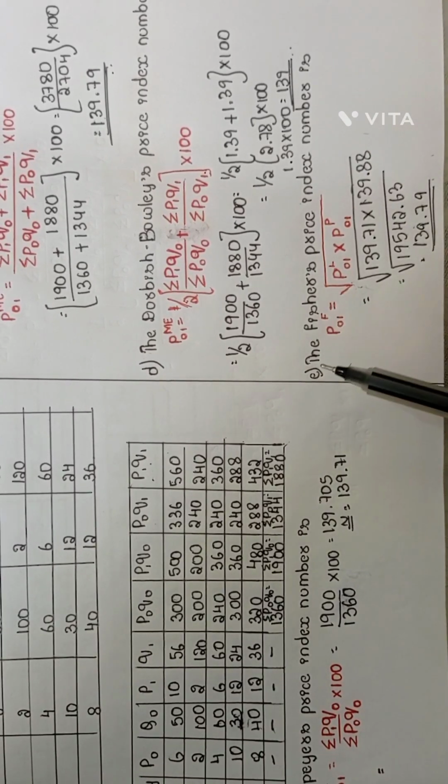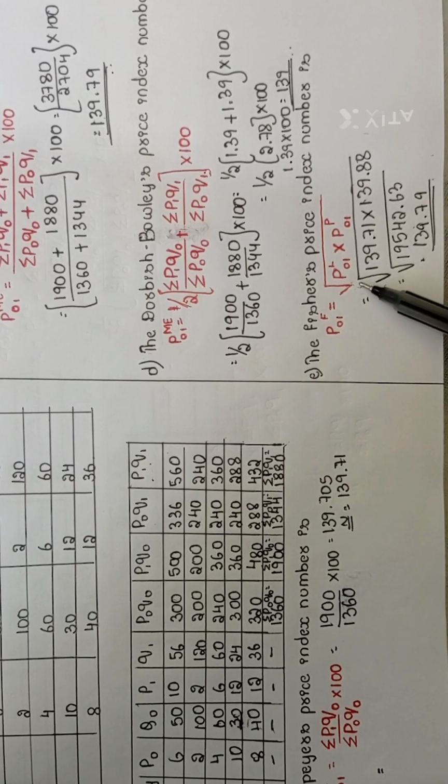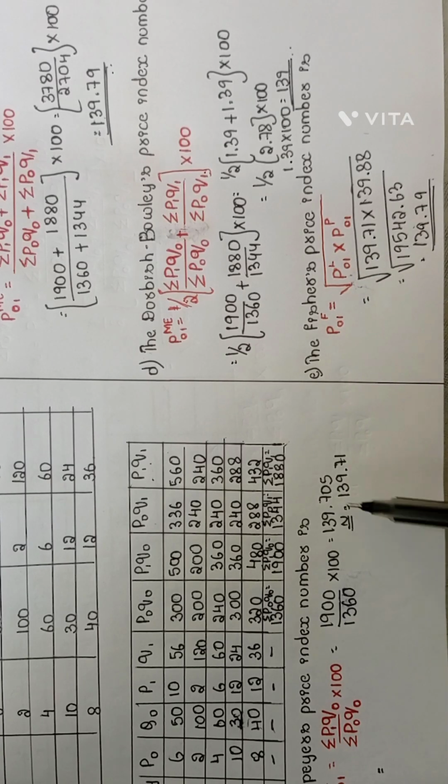If they have given a combined problem, then it is better to use this formula so that it will be easy to compute and it will save your time. The only thing is you have to put a square root and then you have to use the answer of last price index number and purchase price index number. You have to multiply and you have to do the square root for the answer, and finally you will be getting the answer. So this is all about the weighted aggregative price index number methods.